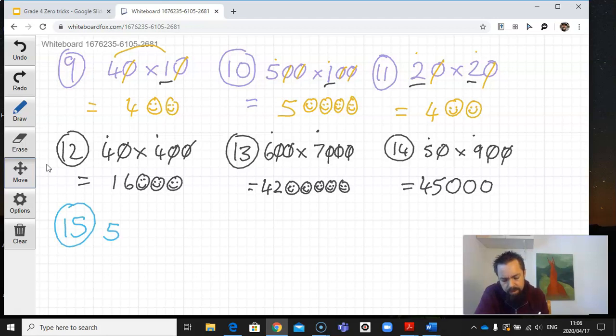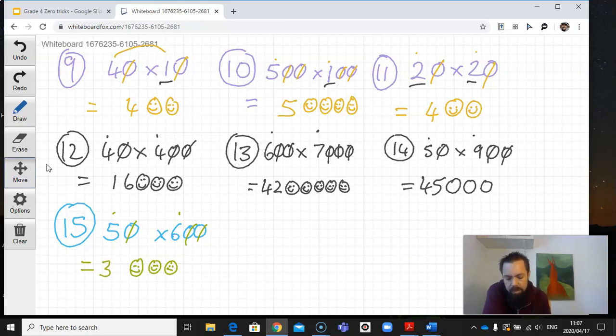Let's say, for example, we have 50 times 600. Cross out 1, 2, 3. We get 1, 2, 3. 5 times 6 is 30.